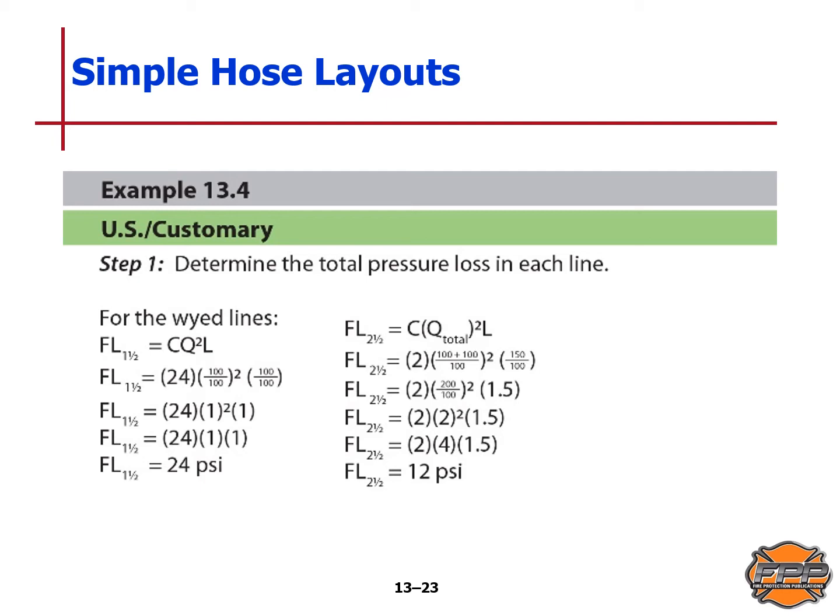That gives us 2 times 200 over 100 squared, times 1.5, and we work out the math. The friction loss for 2.5 is 2 times 2 squared times 1.5, which is 2 times 4 times 1.5. That gives us a friction loss on the 2.5 inch line of 12 psi.